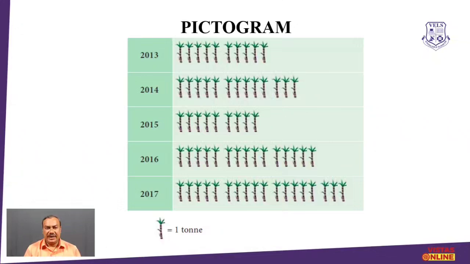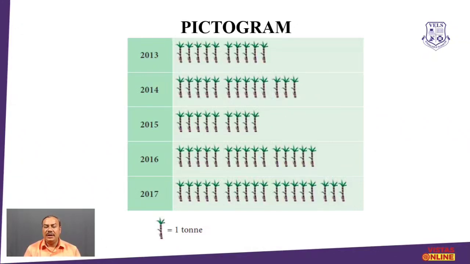This is the statistical data. For example, for 2013, one sugarcane symbol is equal to 1 ton. So here how many sugarcanes are available? 1, 2, 3, 4, 5, 6, 7, 8, 9, 10. So 10 sugarcanes represent a 10 ton yield.